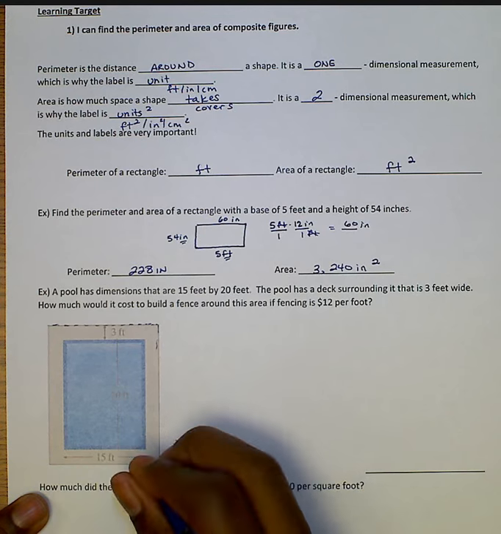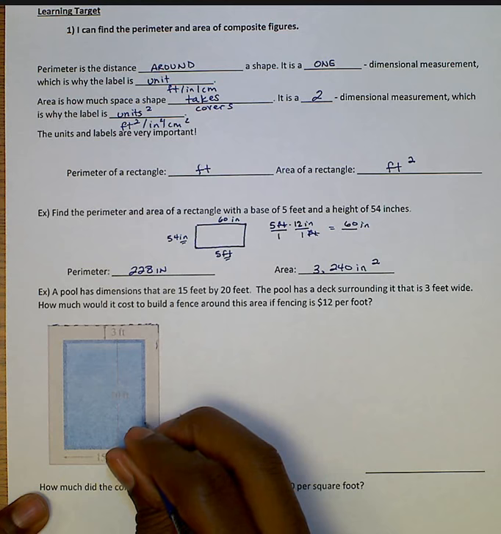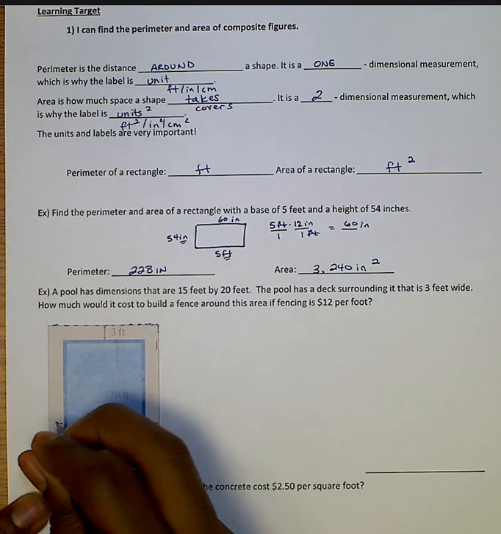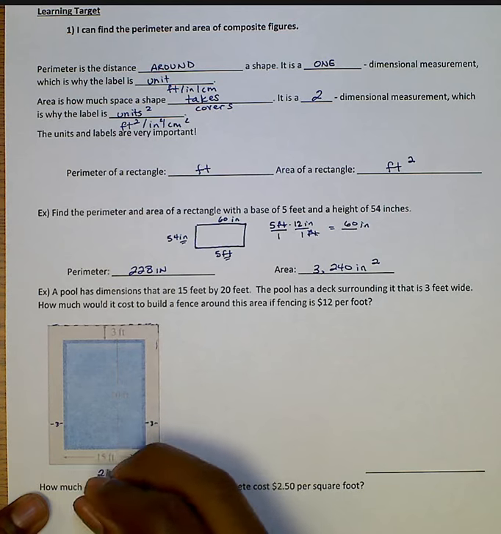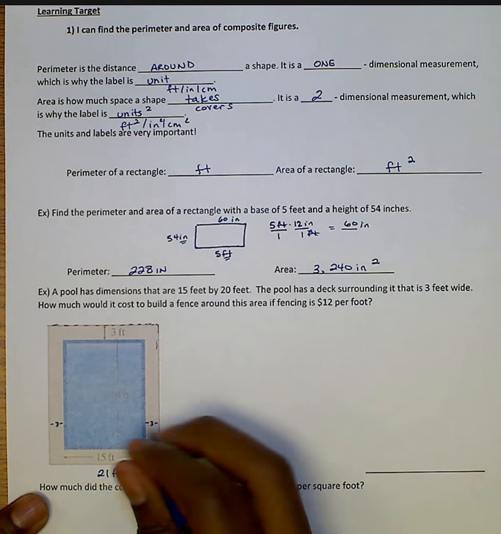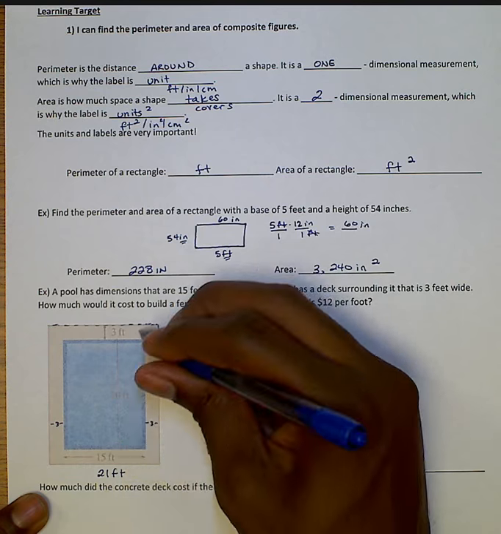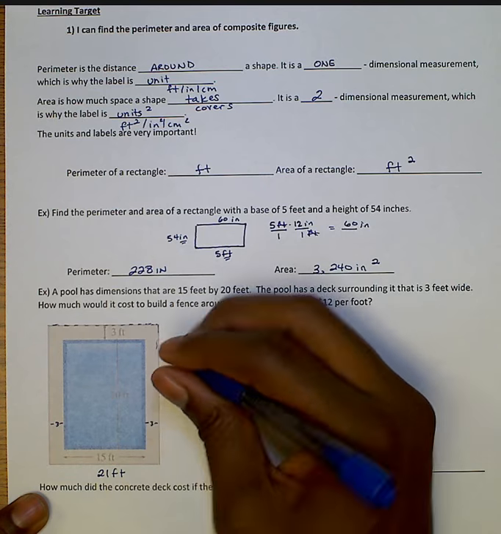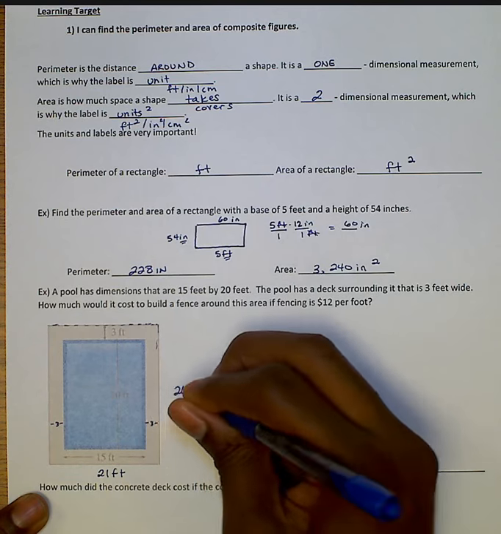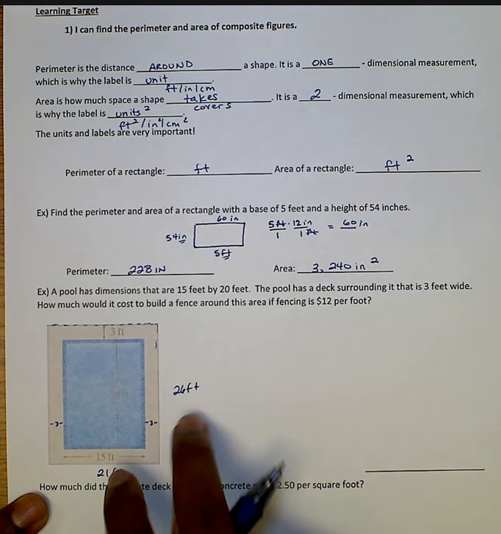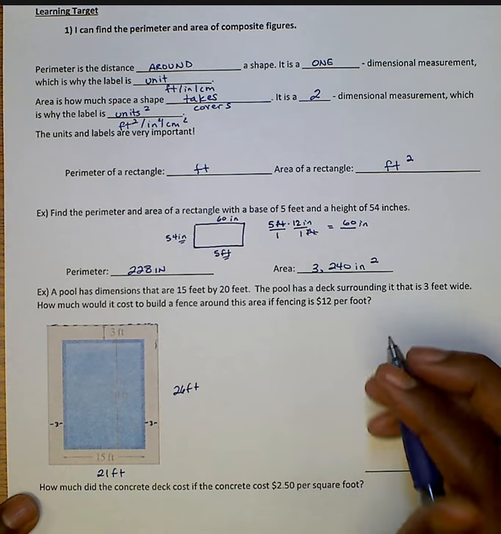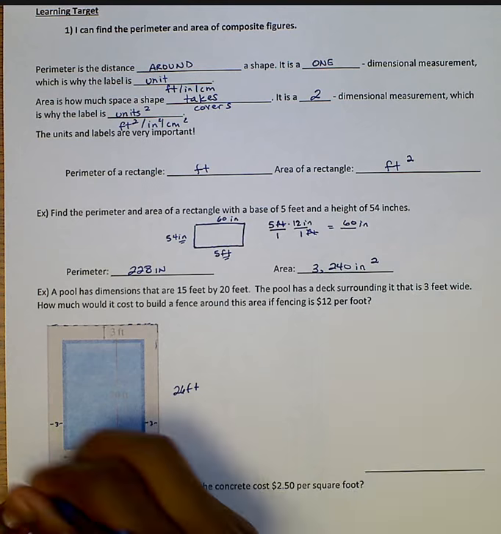So 15 plus 3 plus 3, 21 feet. This pool is 20 feet long, plus 3 plus 3, that'd be 26 feet. Okay, 21 feet by 26 feet, we can find the perimeter of this thing.